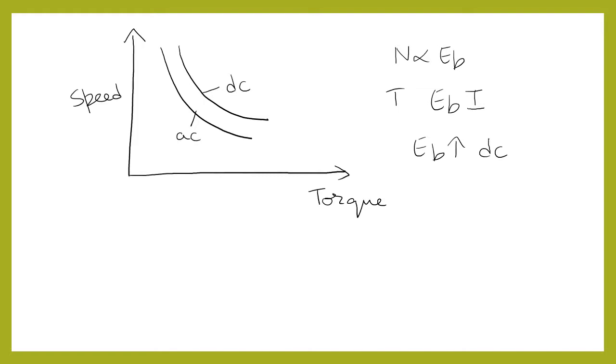The armature and the field MMF will be at right angle to each other, and this compensating winding will provide an MMF which is opposite to the armature MMF, and therefore it will reduce the armature reactance drop. So we can see the circuit diagram and phasor diagram of the AC series motor with compensating winding.